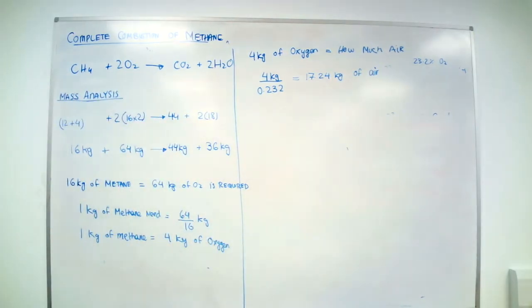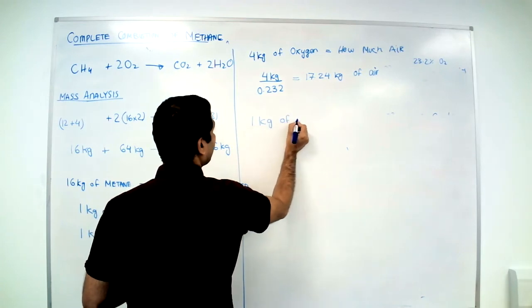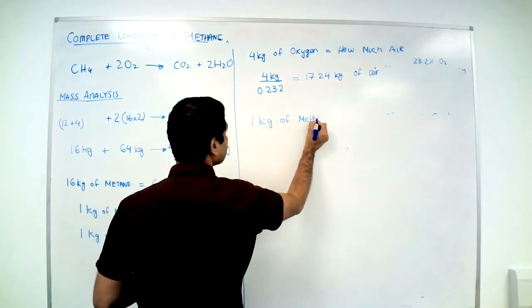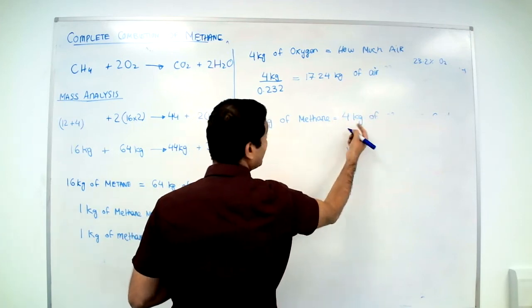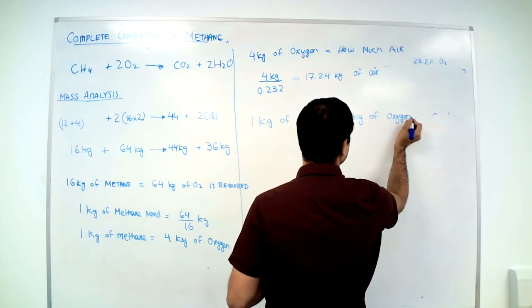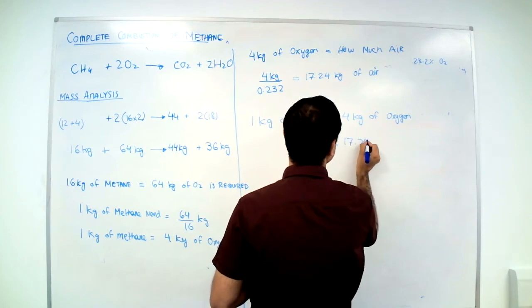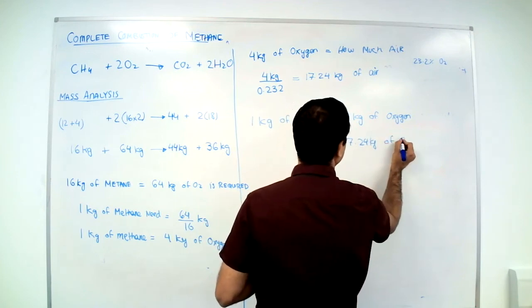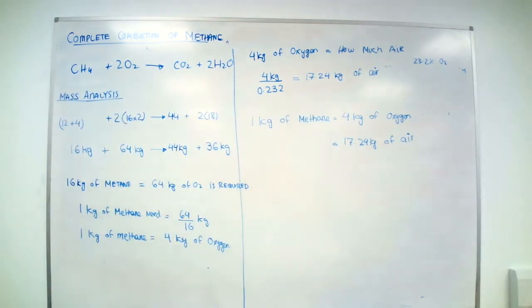So to burn 1 kilogram of methane, I need 4 kilograms of oxygen, which means it requires 17.24 kilograms of air.